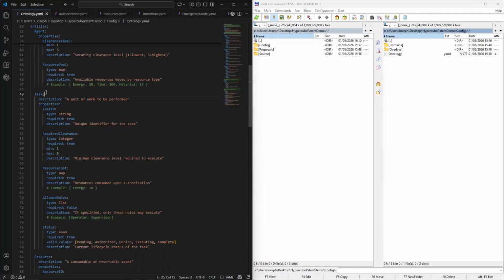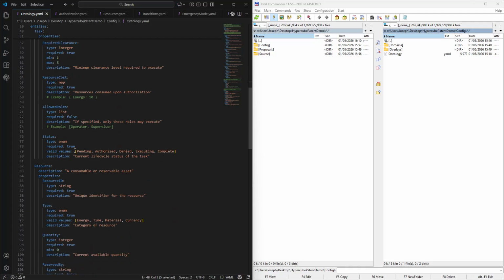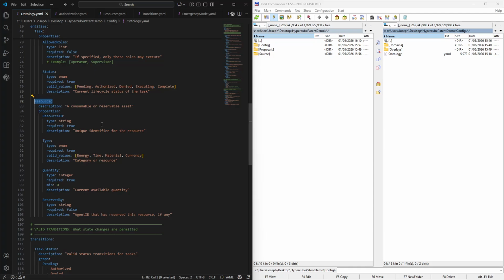Next, we have tasks, units of work. They have required clearance, resource costs, and status. Finally, we have resources, or consumable assets: time, energy, materials, or currency.